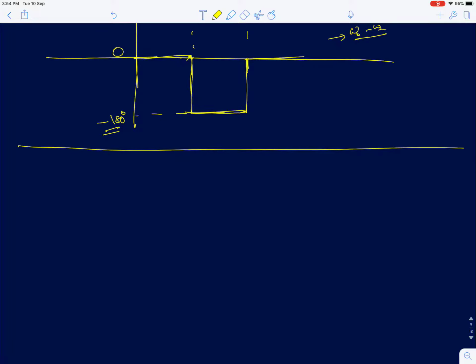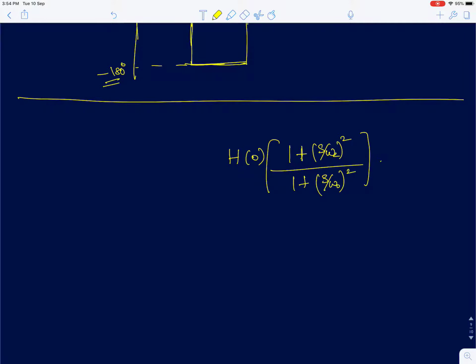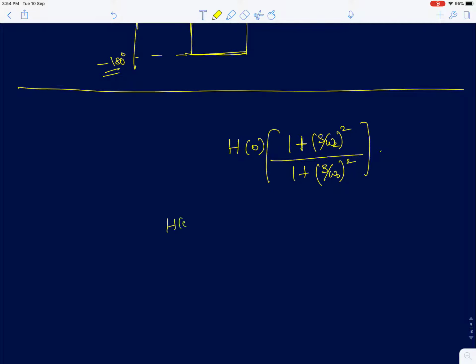Now we will analyze the step and impulse response. So this function is h of 0 into 1 plus s by omega z the whole square over 1 plus s by omega naught the whole square. Now if I feed an impulse to this function, I can write this as h of 0 by 1 plus s by omega naught the whole square plus h of infinity into s by omega naught the whole square over 1 plus s by omega naught the whole square.